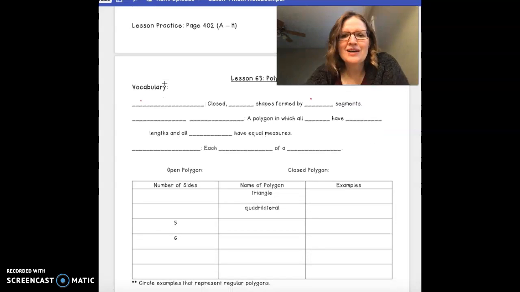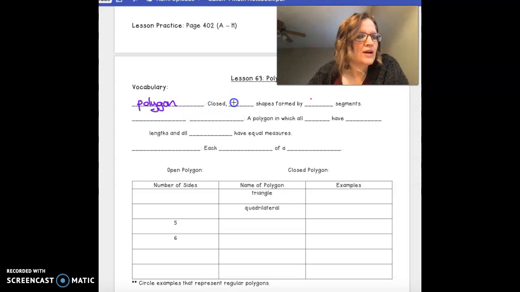Our first thing we need to talk about is that when we're saying polygons, we are talking about shapes that have many sides. The official definition of a polygon is a closed, flat shape formed by line segments.